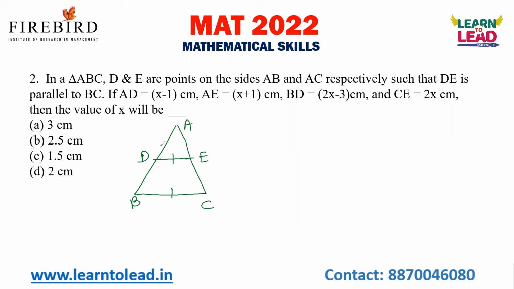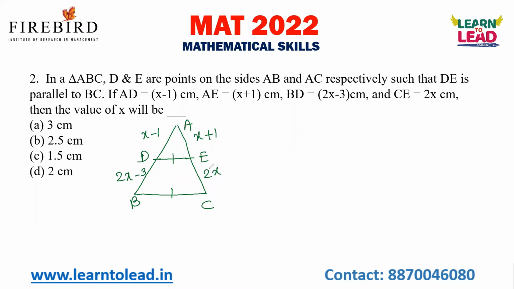And they have given that AD is equal to x minus 1 centimeter and AE is equal to x plus 1 centimeter and DB is equal to 2x minus 3 centimeter and CE is equal to 2x centimeter.